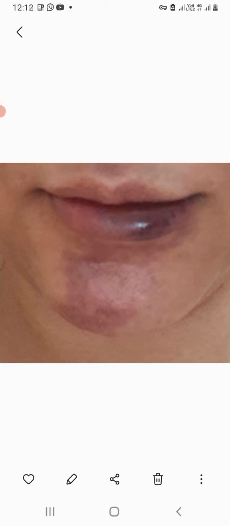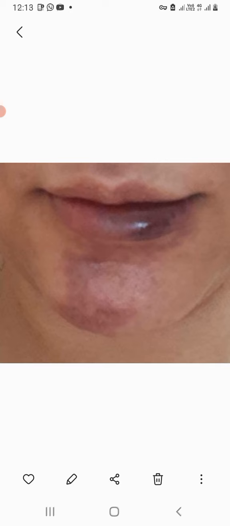If there is only hematoma, will it be managed through massaging or not?